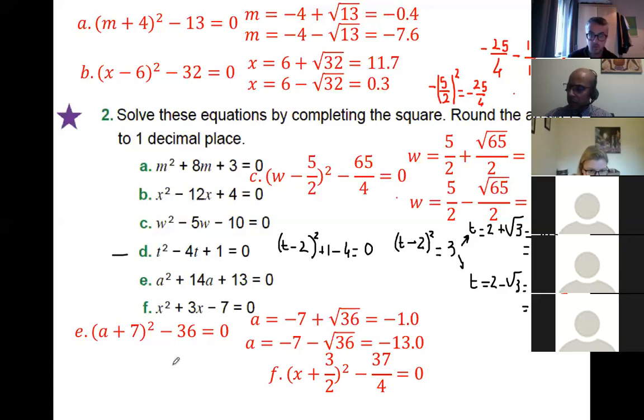Yeah, so it's minus 9 over 4 minus 36, 4 times 36, which is minus 153 divided by 4.